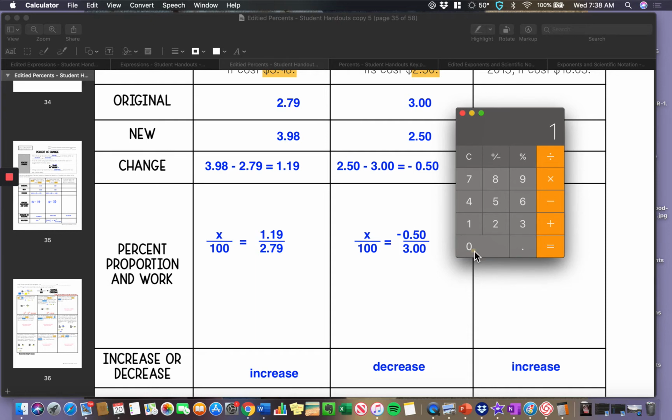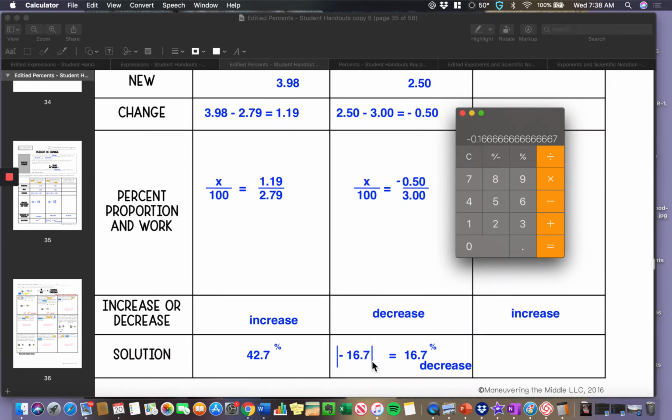I'm going to take 100, multiply it by negative 50 cents, and I'm going to get negative 50, and then divide that by 300. And I'm going to get this decimal right here, and it is a decrease. So I have 16%, right? And then I'm going to round that tenths place to 0.7.